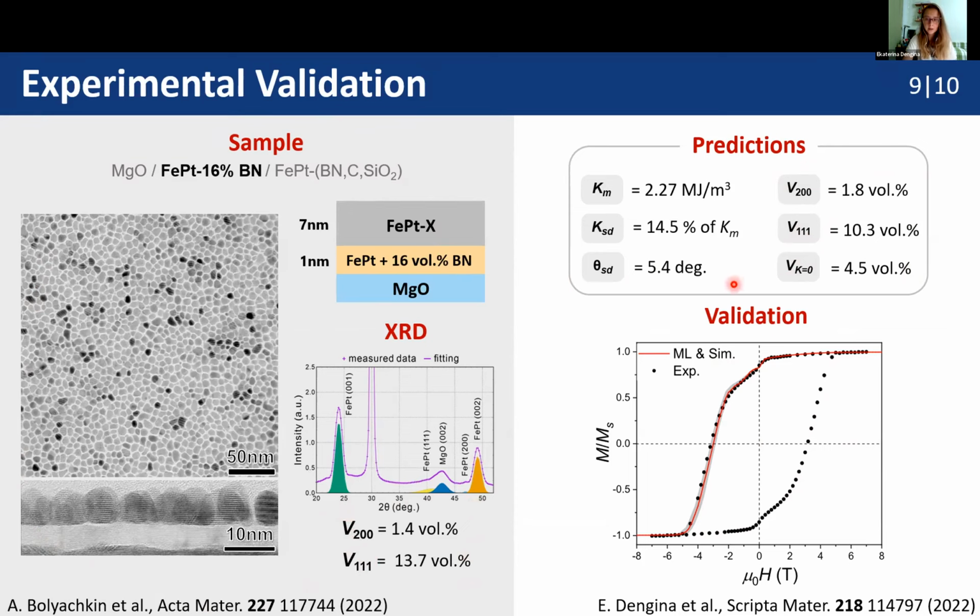And also, after that, we used these predicted parameters to include them in our micromagnetic model and to simulate the demagnetization curve. You can see it here in a red line. It was in compliance with the experimental curve, which means that our experimental validation was successful.